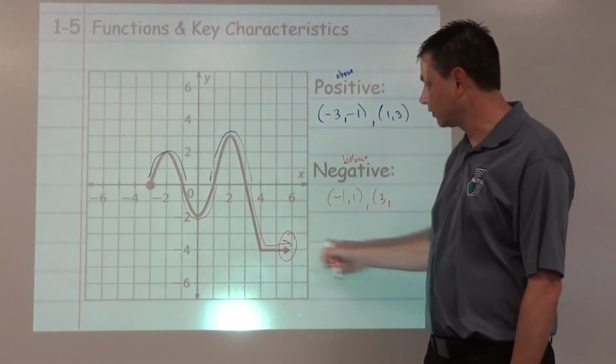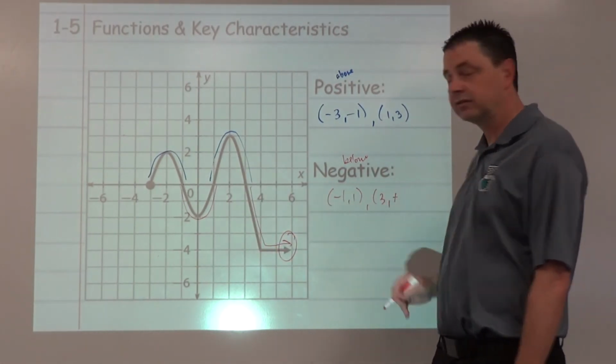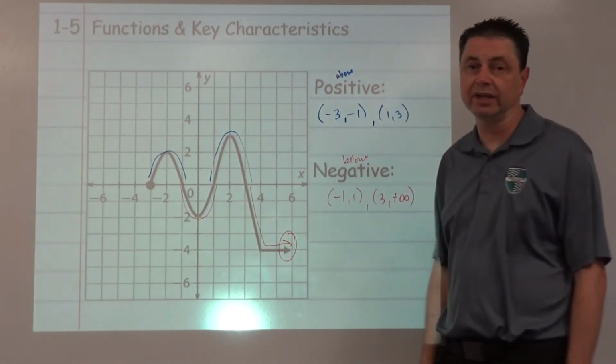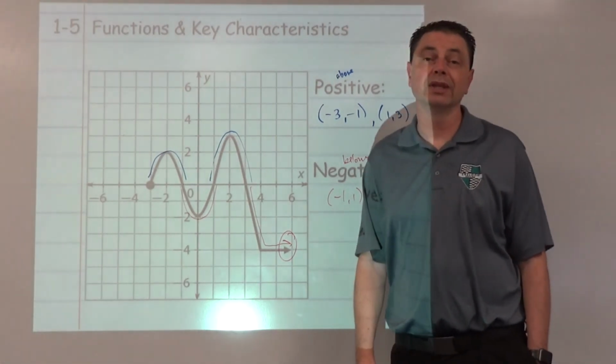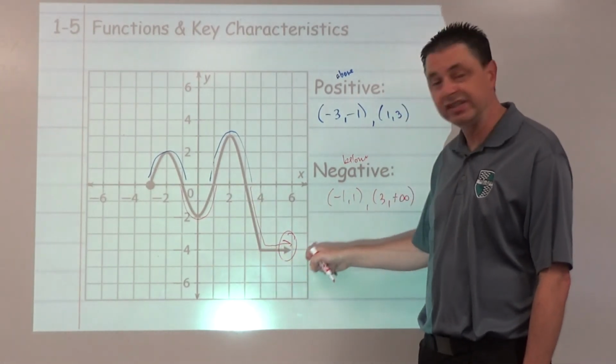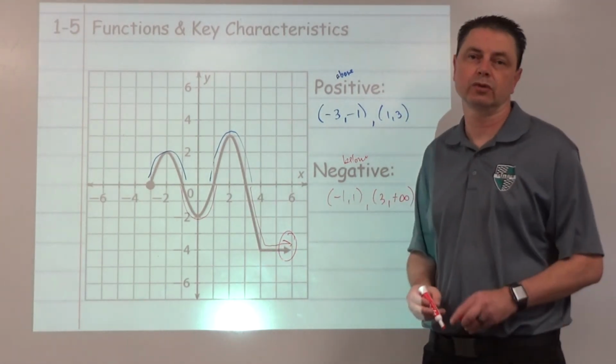So we would say from 3 for the rest of the function, as it goes towards positive infinity, it's going to be below the x-axis, have negative y coordinates. In fact, all of these here are -4, so it fits the description.